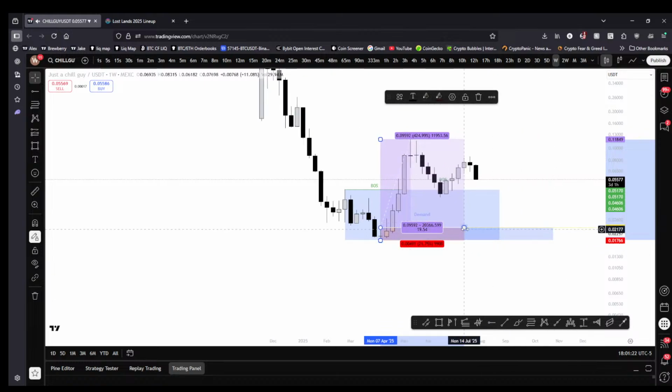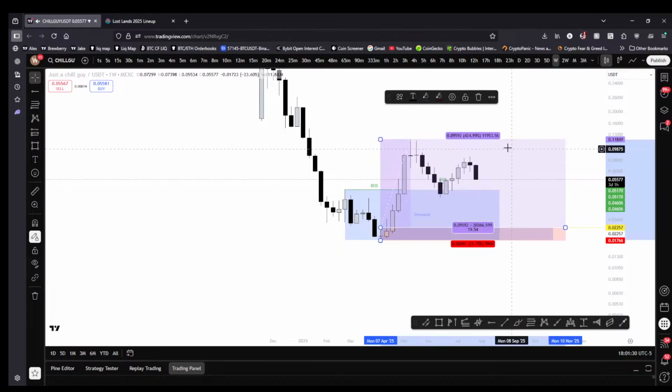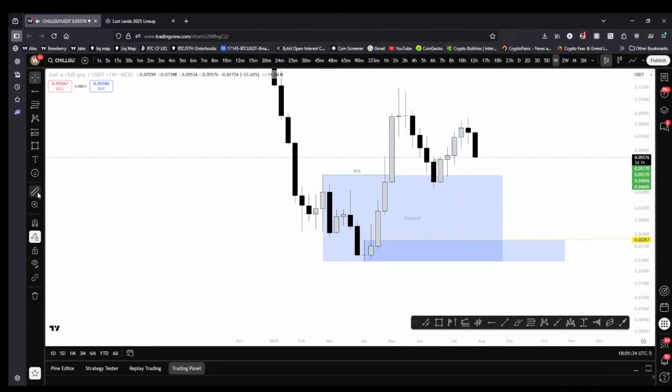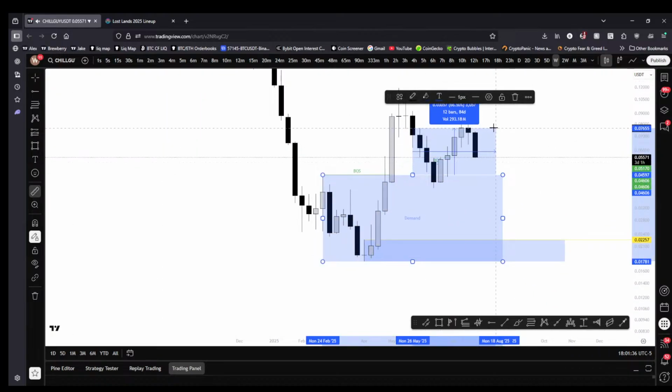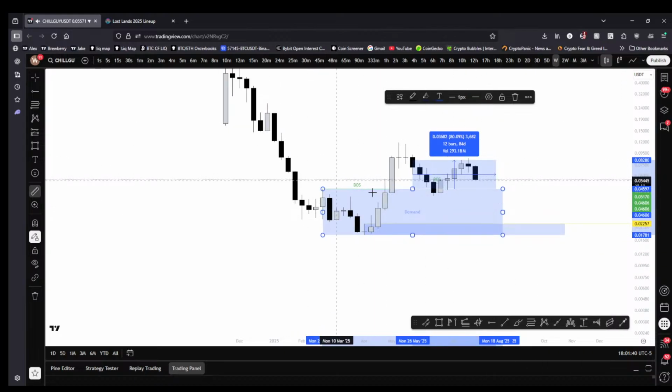That's not a bad trade if we come back down here. 80% move off that previous demand. Not bad.